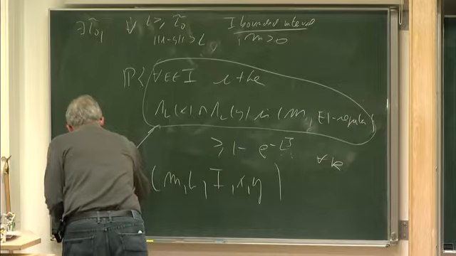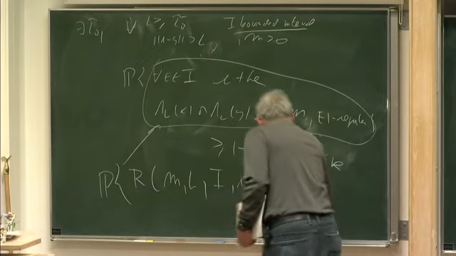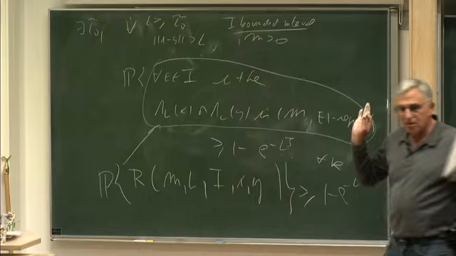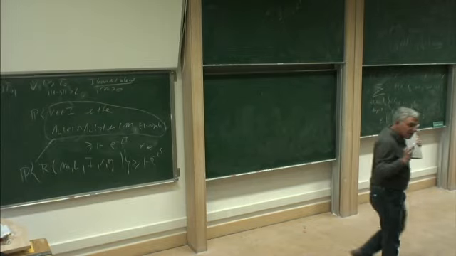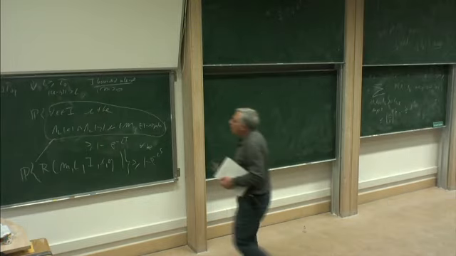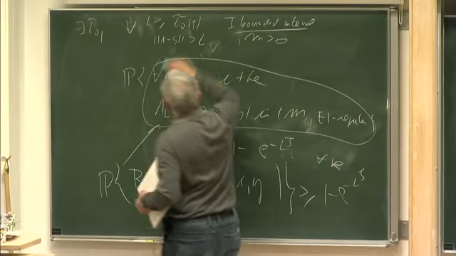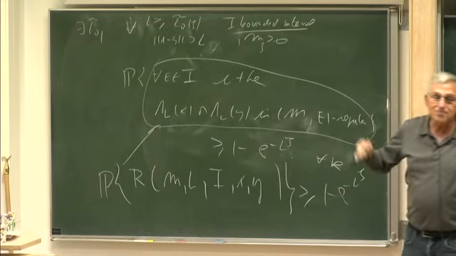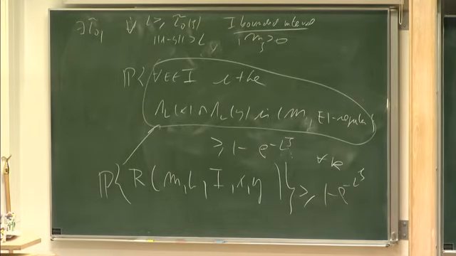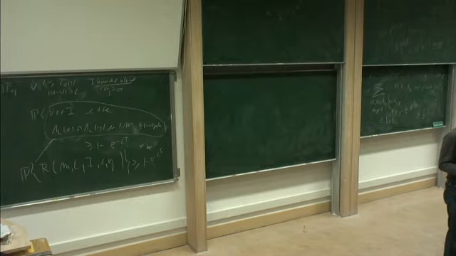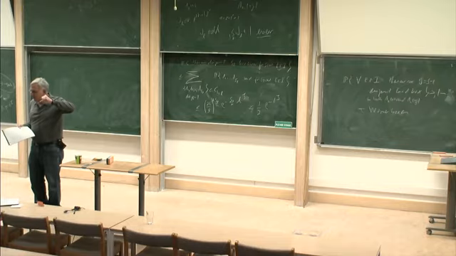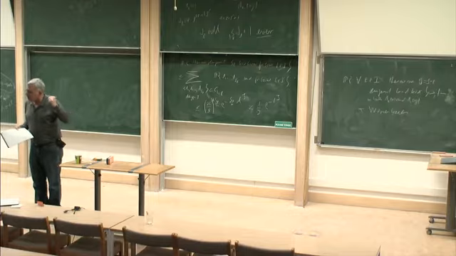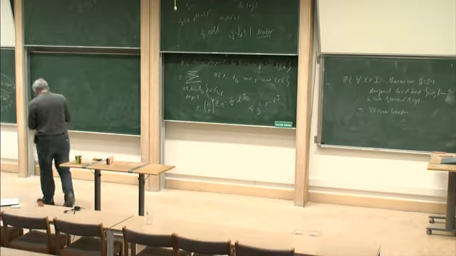The probability of this event is bigger than or equal to 1 minus L to the minus zeta. I can do it for every zeta. I probably should put the zeta here. The L0 tilde depends on zeta, the mass depends on zeta. I can get as close to exponential, but I cannot get exponential by this method. This does not give exponential because we use the Wagner inequality.